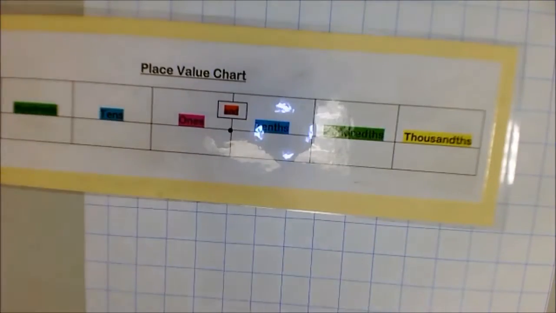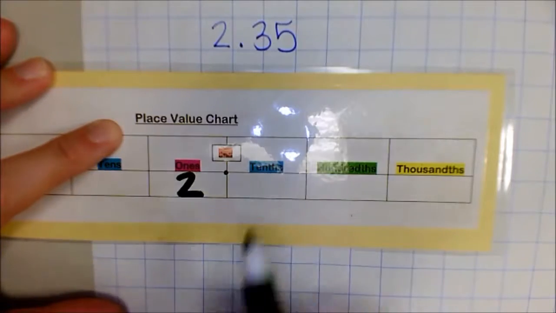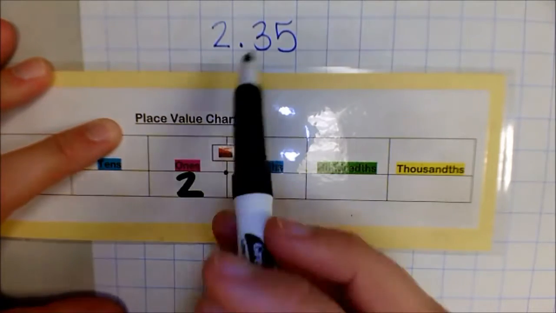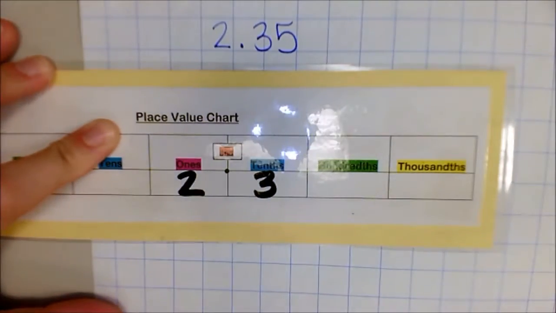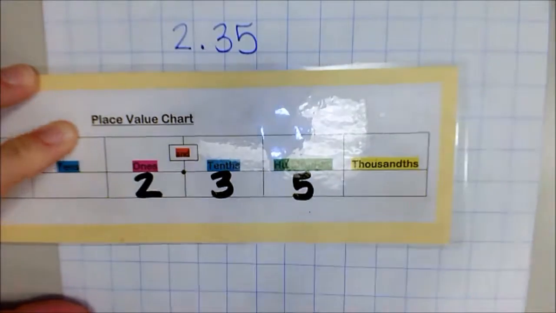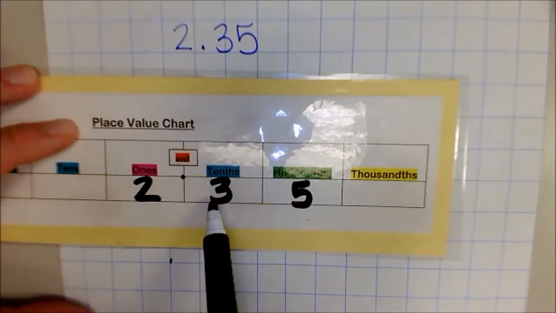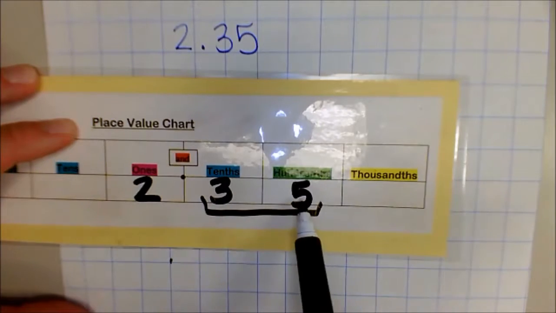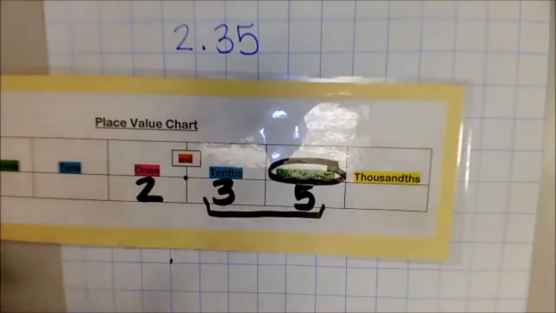So if I'm going to split that up and write that out, I know my 2 is in the 1's place value. My decimal point is saying and. This 3 is in the tenths because it's right after the decimal point. And my 5 is in the hundredths. So when I read this decimal, I'm saying 2 and, and I read this together, 35, and I say the place value of the last number, hundredths.